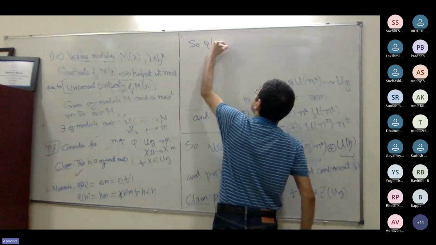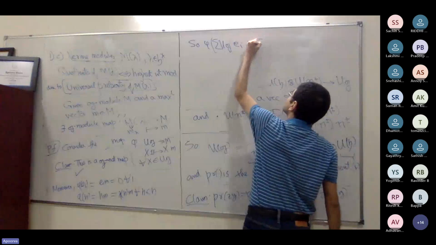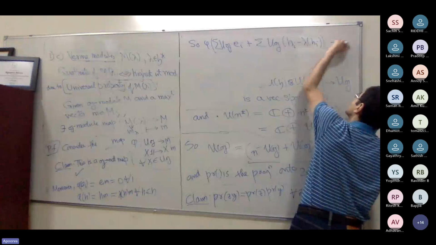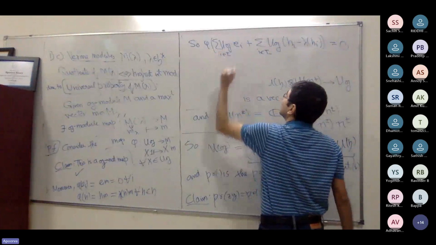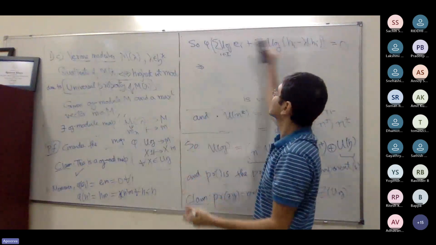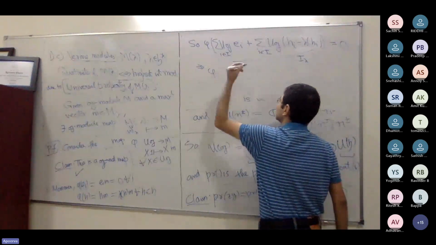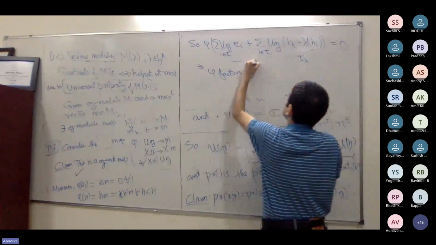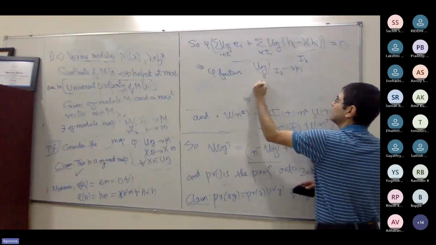So phi of the sum of UG E_i plus the sum of UG (H_i minus lambda of H_i) equals 0. And now we are done, right? So that means that phi factors. Phi is a map from UG to M, and this gives this ideal. Let's call this I lambda. So phi factors from UG mod I lambda to M, and this is exactly the one.